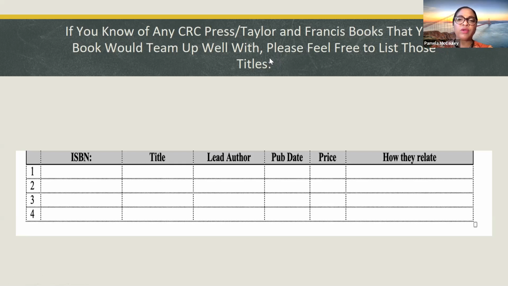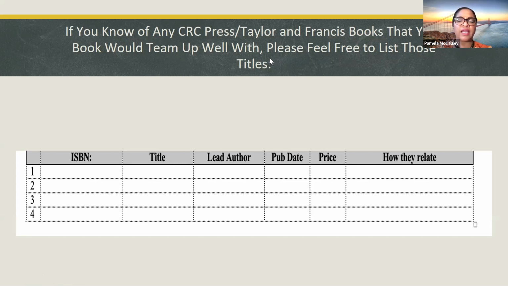And so if you can talk about how your book is related to others, that can be beneficial to you as well. So make sure you take some time to look at titles that are being published by CRC Press and Taylor and Francis that may be related to yours, rather than just seeing them as competition.